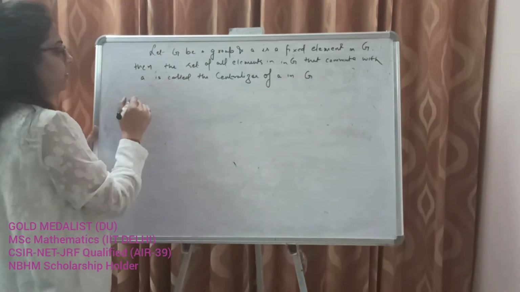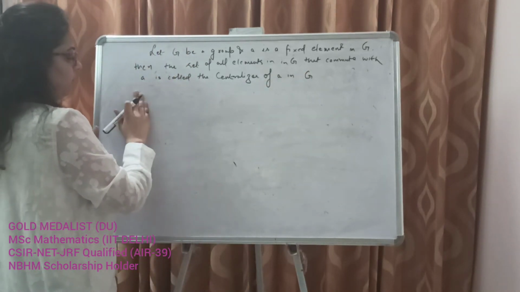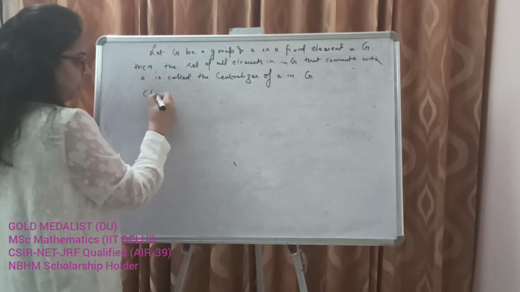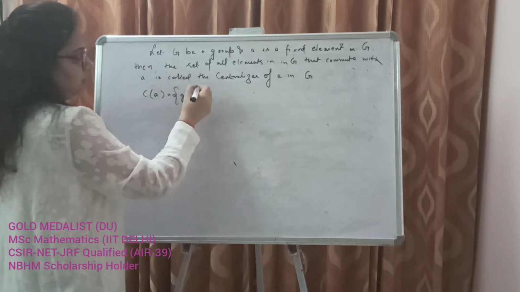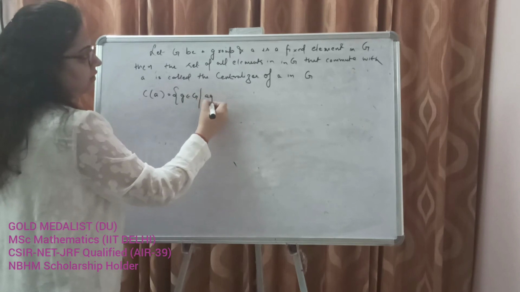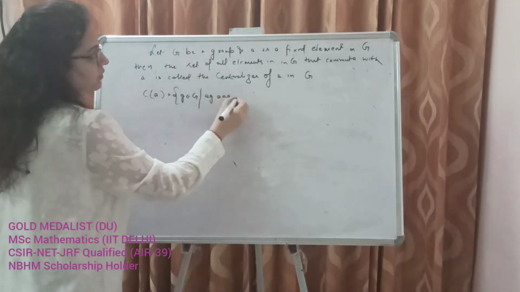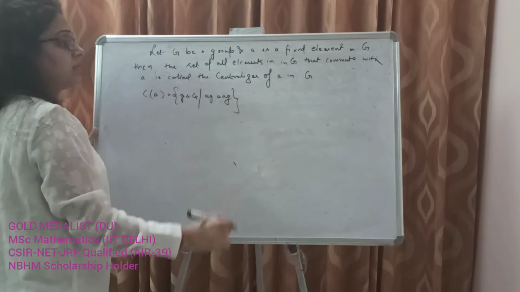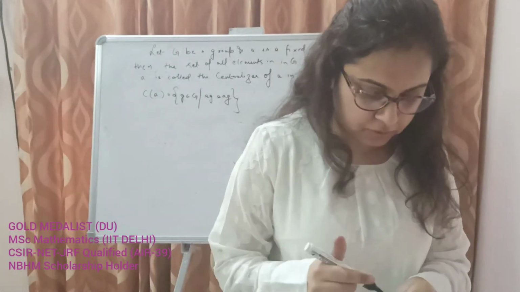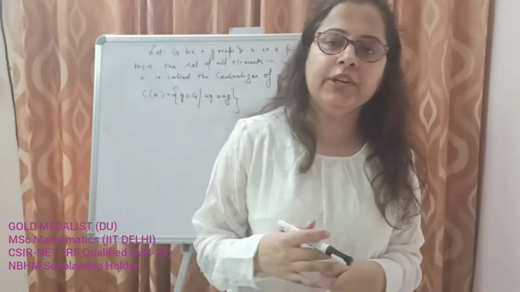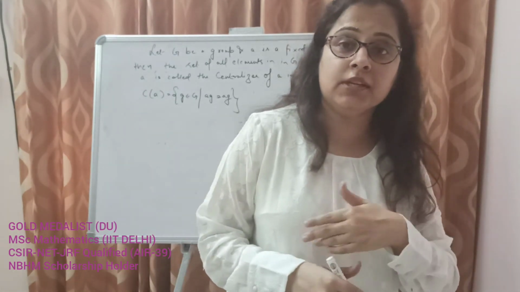And we define it as C(A) equals the set of all g belonging to G such that Ag equals gA. Correct? The earlier definition was the center of a group. The center of a group is defined on a large level, on the entire group.